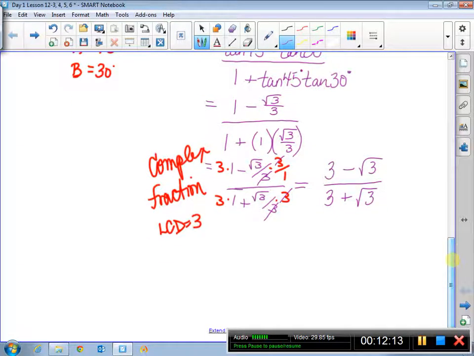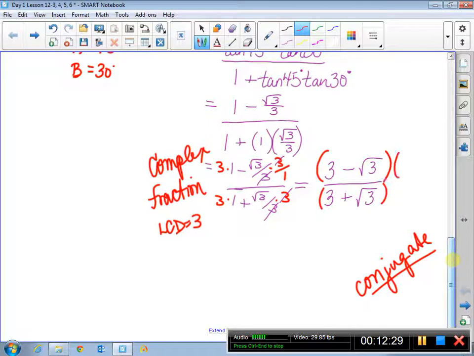Now officially, we're not supposed to leave radicals in the denominator either. So this would be simplified by multiplying by the conjugate. All sorts of old concepts coming up. So the conjugate, 3 minus the square root of 3, top and bottom. It's the conjugate of this denominator.